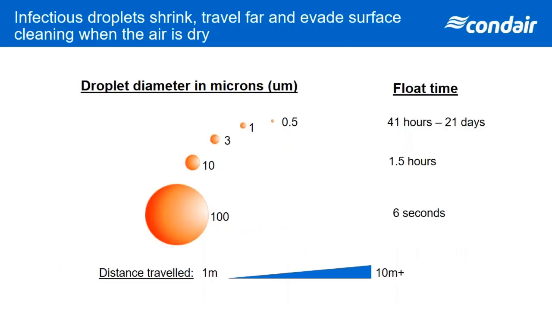So to give you a visual idea of how small dried out droplets travel, again, I'm talking about you breathing: droplets come out about 100 microns in diameter, and in a room that's 20% relative humidity, those droplets reach equilibrium with the water vapor in your air, and they quickly desiccate to about 0.5 microns in diameter, at which point they're called droplet nuclei. And they float up into the air through your HVAC system, and they can last not only 21 days, but they've been recovered years later.